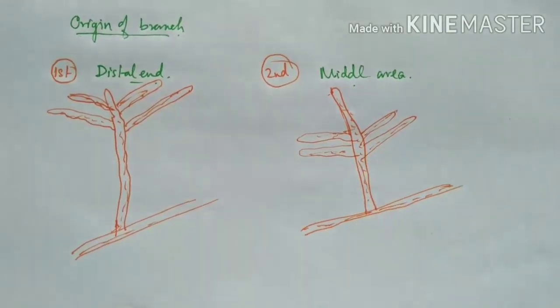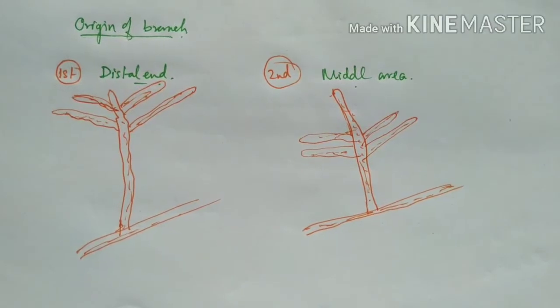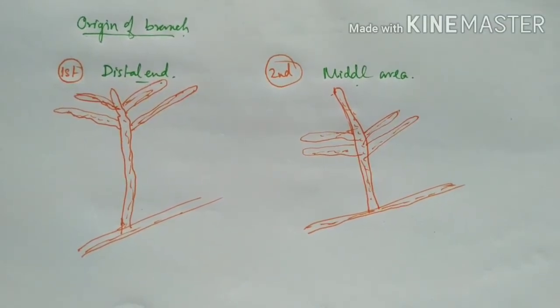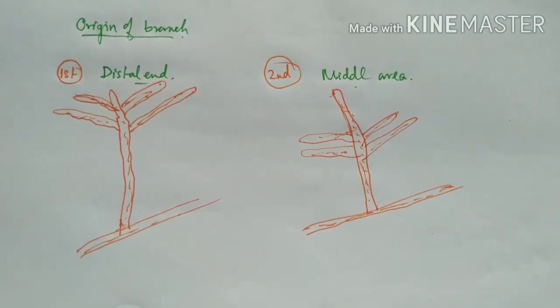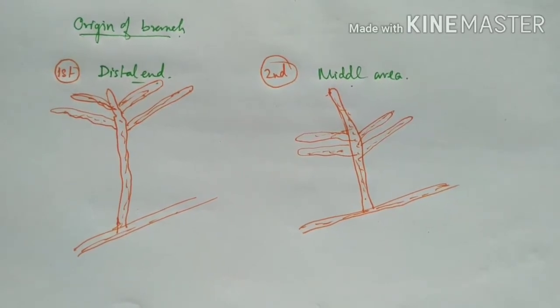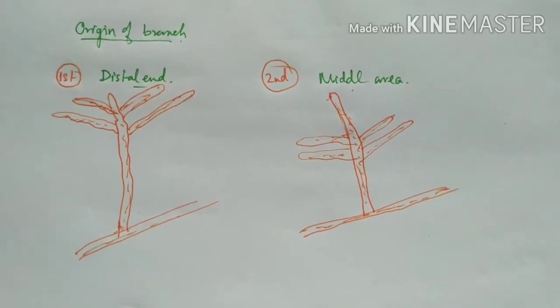So these two types of branching arrangement according to the origin of branches we have found in Trentepohlia algae.